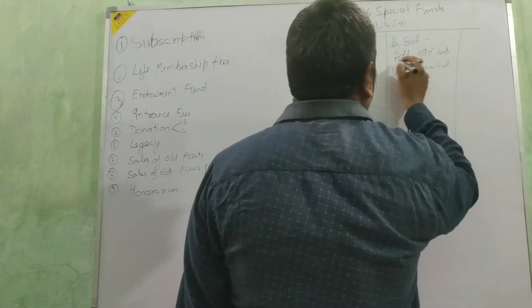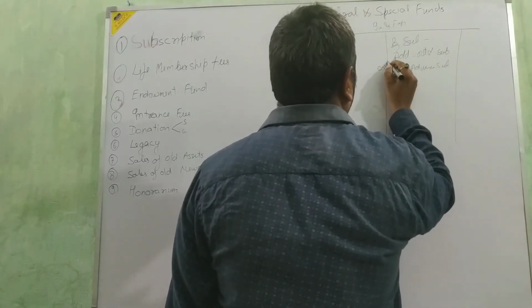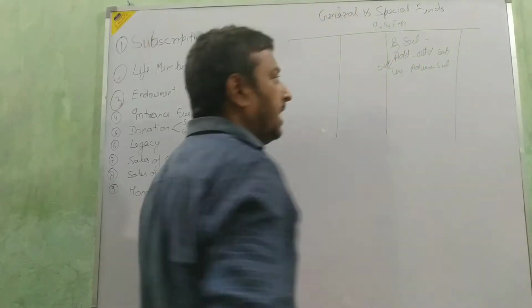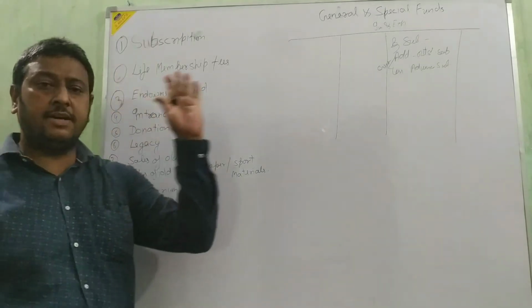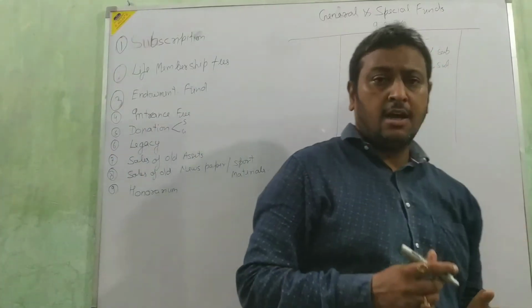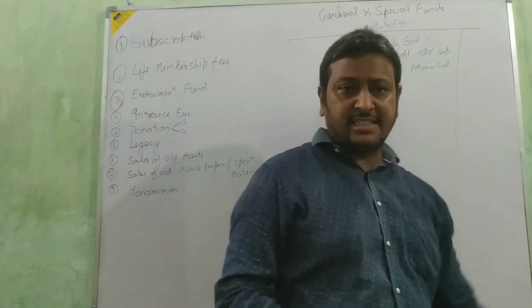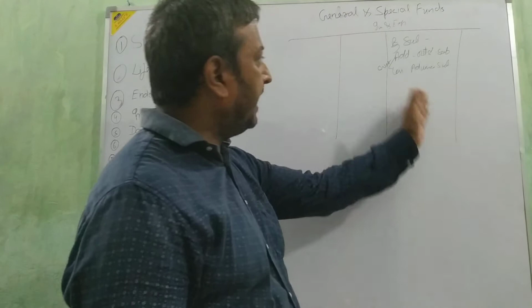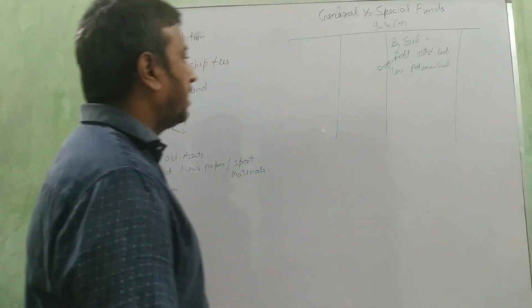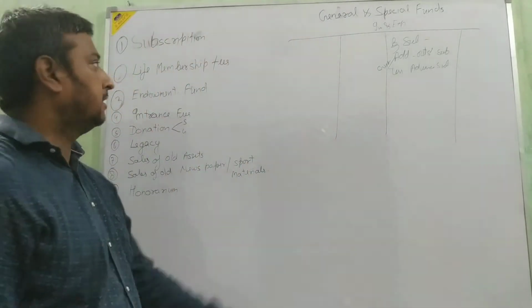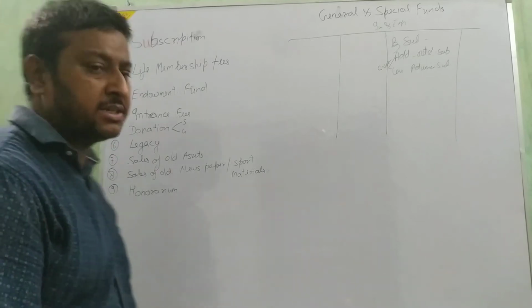Okay, beta? Both are for the current year. If subscription is given, we show it on the credit side, then add outstanding subscription for the current year and less advance subscription for the current year. Okay, clear?